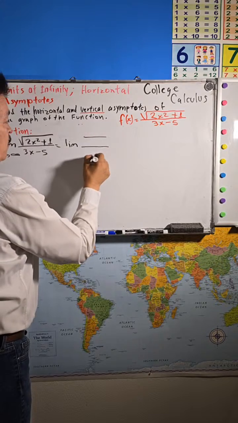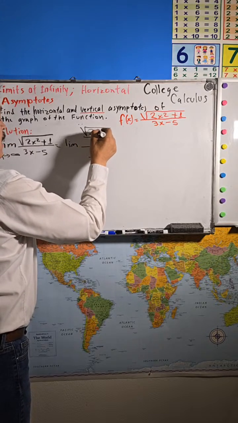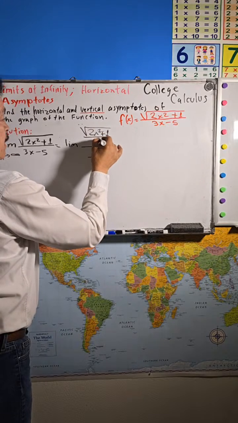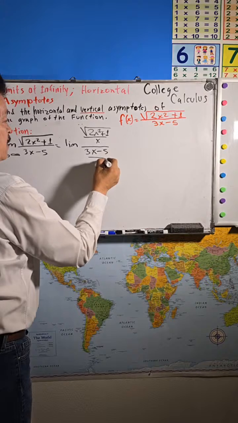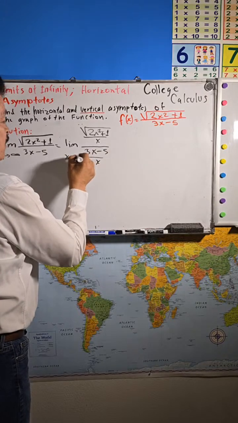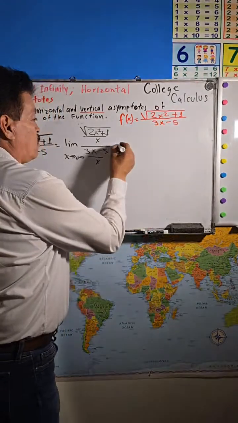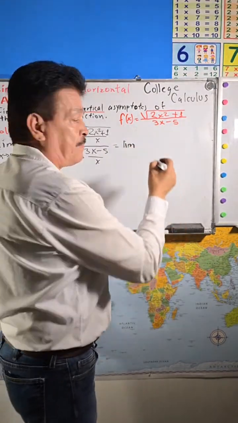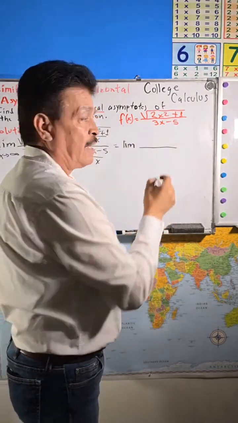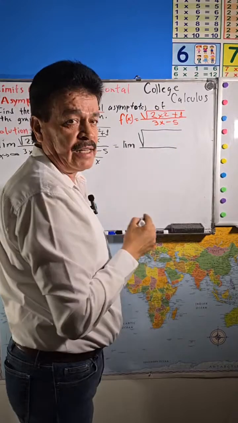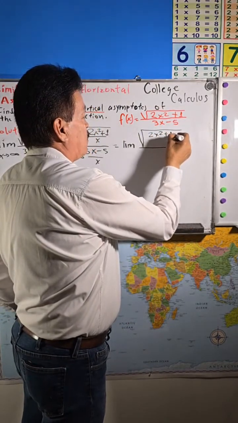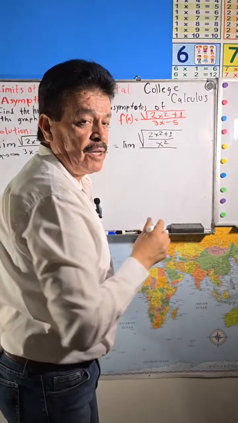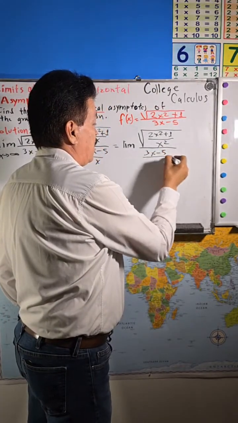Let me do it this way. The square root of 2x to the second power plus 1, divided by x, and in the bottom 3x minus 5, divided by x, when x approaches infinity. This equals the limit of the square root of everything here, 2x to the second power plus 1 divided by x to the second power, and the bottom 3x minus 5 divided by x.